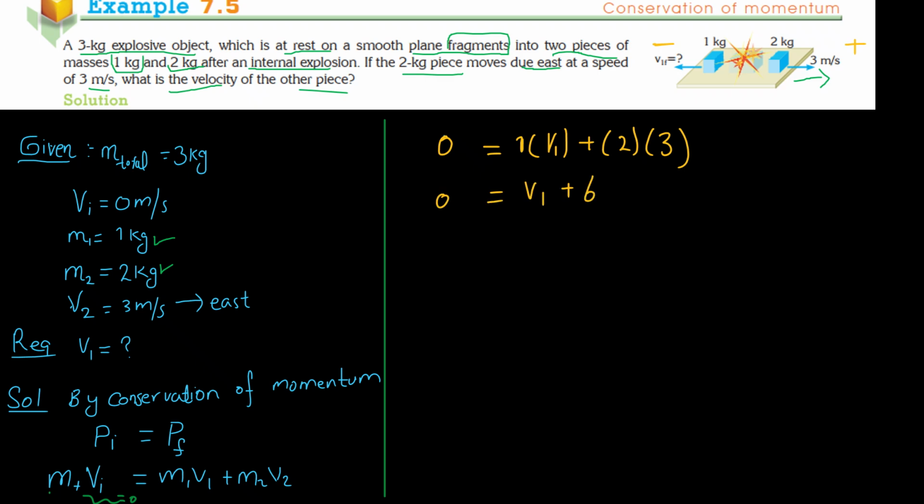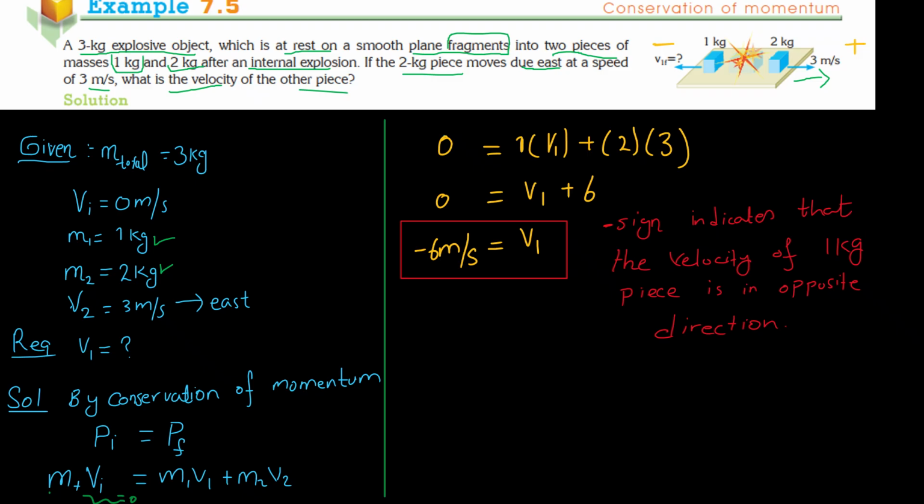So we can rearrange and get v1 equals minus 6 meters per second. And here the negative sign shows us that the velocity of the 1 kilogram is in the opposite direction to the velocity of the 2 kilogram mass.